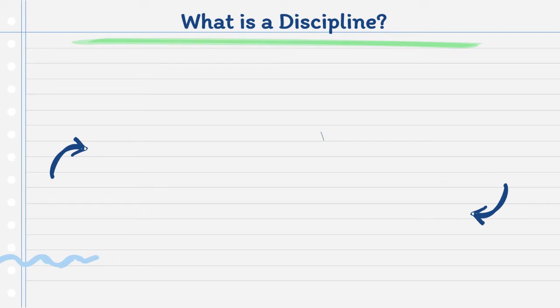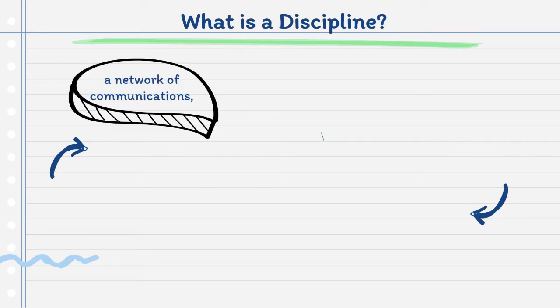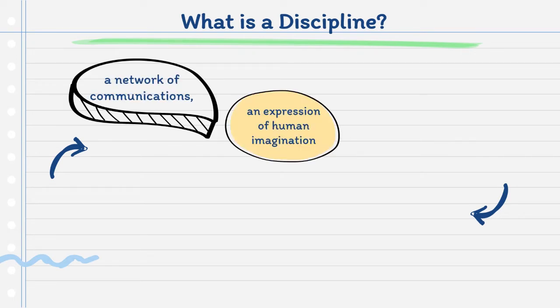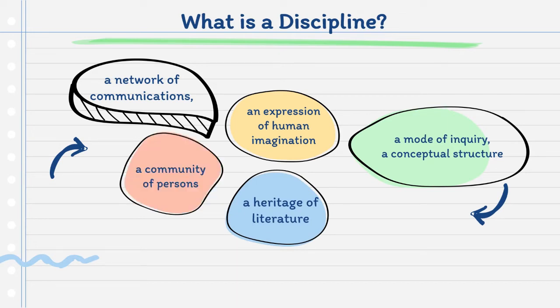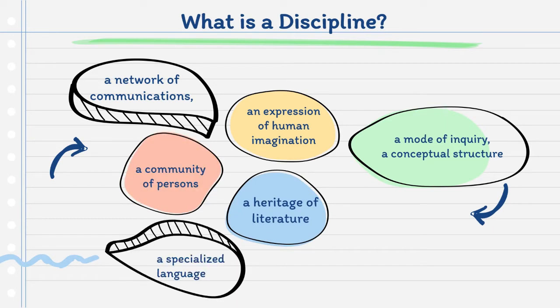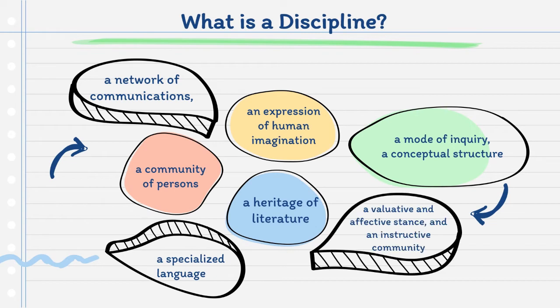A discipline is a specific knowledge that has the following essential characteristics: a network of communications, an expression of human imagination, a mode of inquiry, a conceptual structure, a heritage of literature, a community of persons, a specialized language, a valuative and affective stance, and an instructive community. It can also be a domain or a tradition.